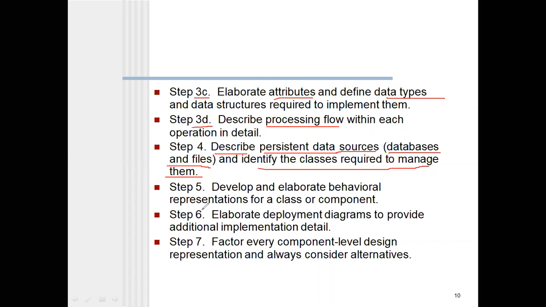Next, coming to the fifth step, develop and elaborate behavioral representations for a class or component. At this step, what are we going to represent? Behavior. You need to develop and elaborate the behavioral representation of a class or component.